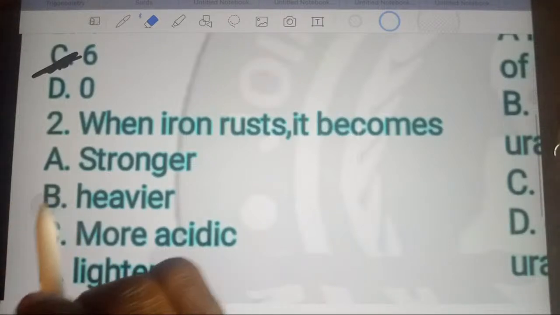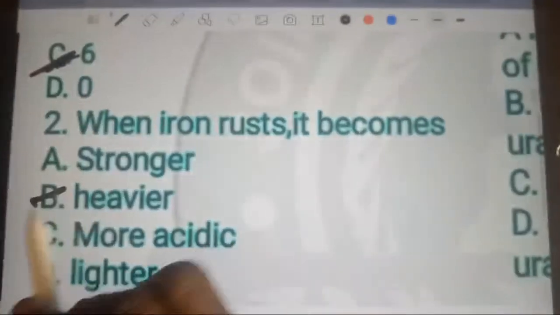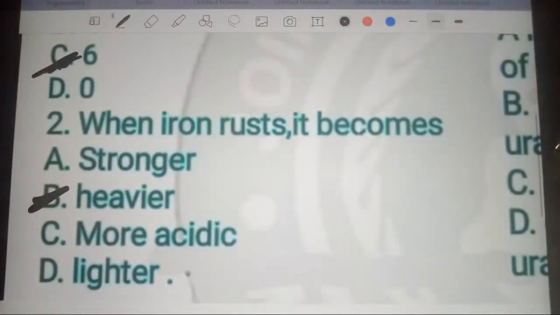Heavier. So the correct answer is option B. This is according to Lavoisier, who actually introduced the idea of conservation of matter, that matter is neither created nor destroyed, but can be converted from one form to another.